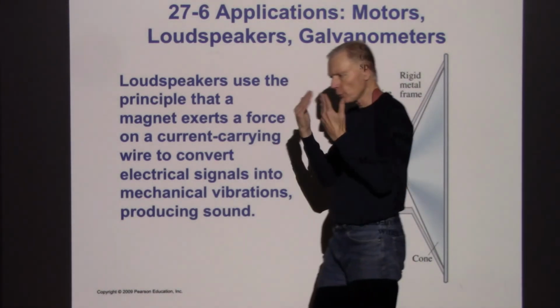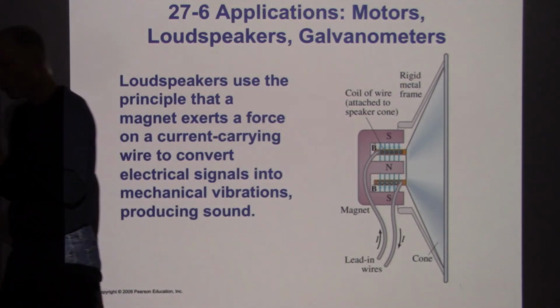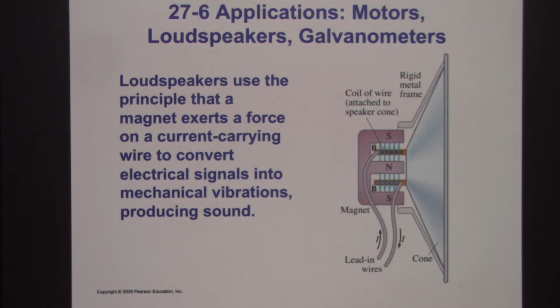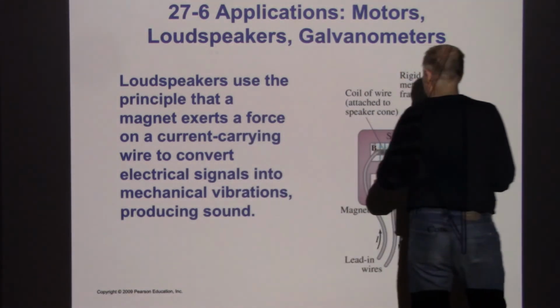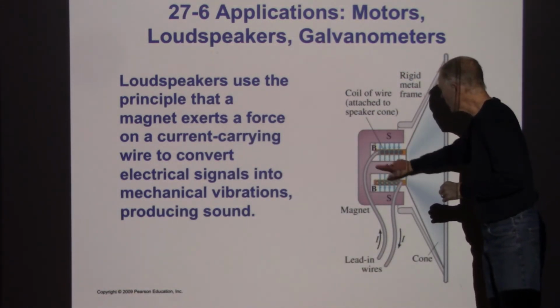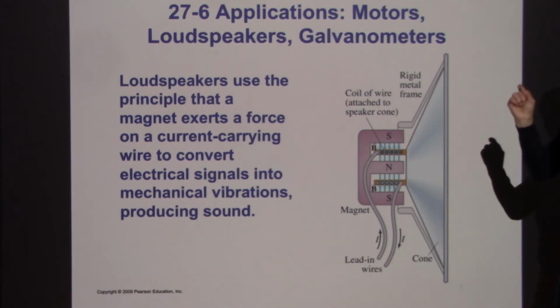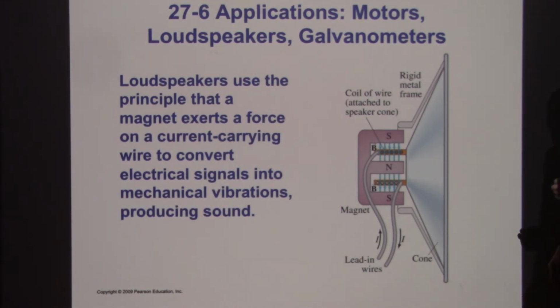And so what we can do is drive that diaphragm back and forth by sending in a varying current. That current is going to have the variations of whatever it is we're listening to encoded in the current. It's kind of remarkable that this can be done. You think of the resolution of the sound coming out of a good stereo system, all those details that you can hear, and all those different pitches, all those different frequencies can be controlled by carefully controlling the pattern of current going into the speakers.